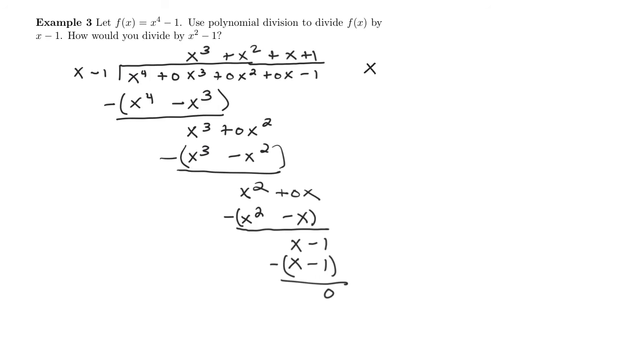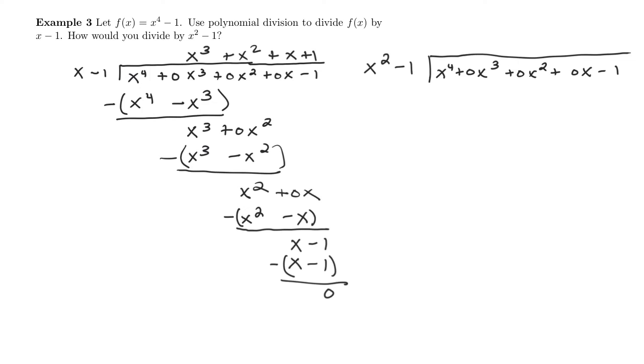That is, if I divide x squared minus 1 into x to the fourth plus 0x cubed plus 0x squared plus 0x minus 1, can I still do this even though it's now a power of 2 instead of power of 1? And as long as you're comfortable with your rules of exponents, you certainly can.